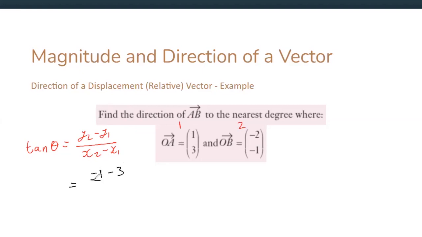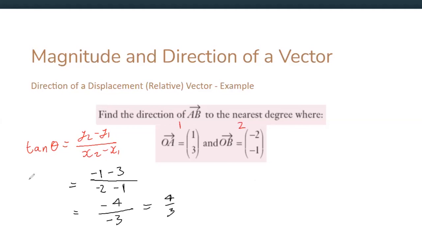So -3 all over, and now we're looking at our x's. x2 is -2 and x1 is 1, so that's -3. So we get -4 all over -3, which is just equal to 4 over 3.